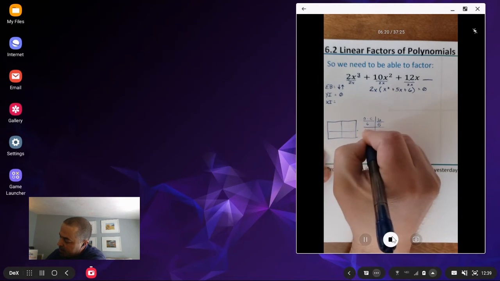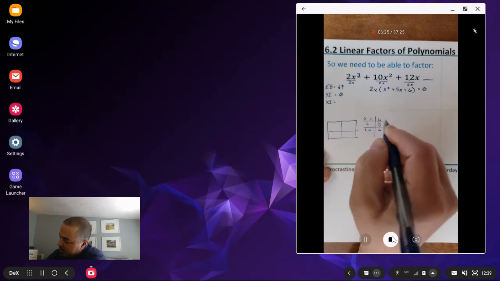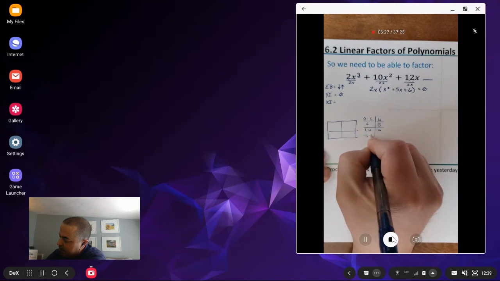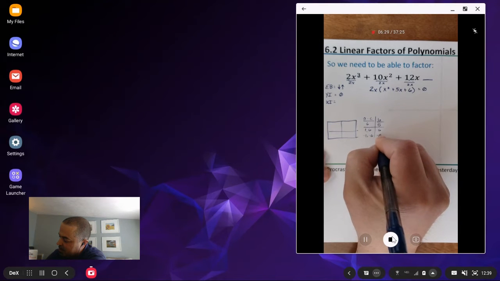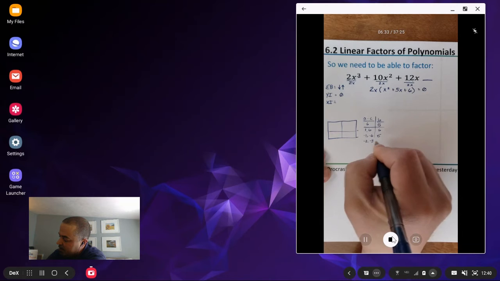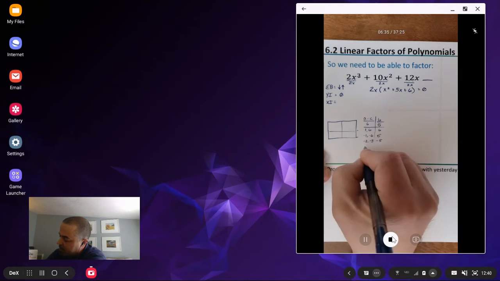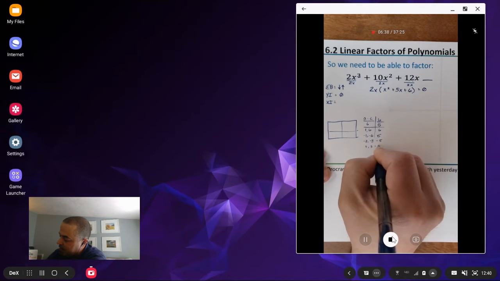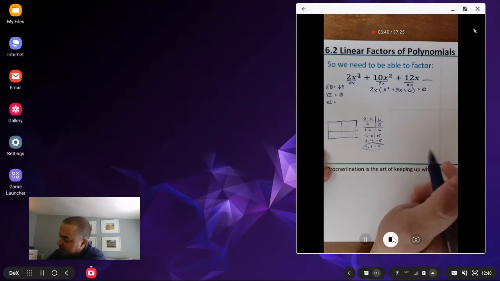So I have 1 and 6. This is positive, so that'll be 7. I have negative 1 and negative 6, so that'll be negative 7. I have negative 2 and negative 3. That'll be negative 5. And then I have 2 and 3, and that will be 5. So these are my factors.